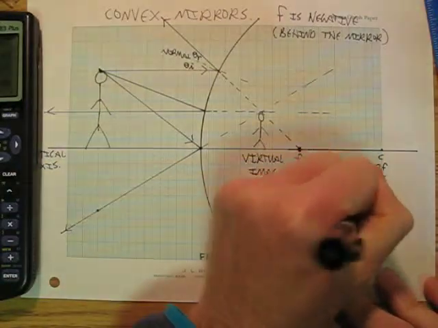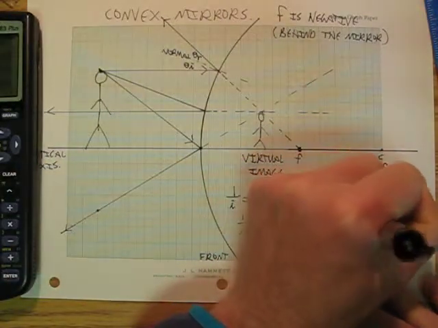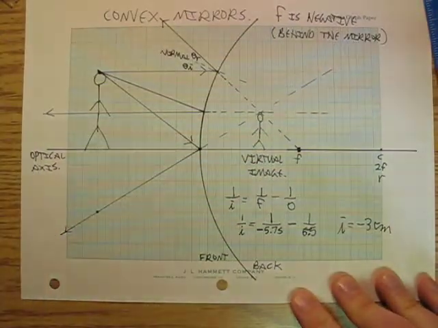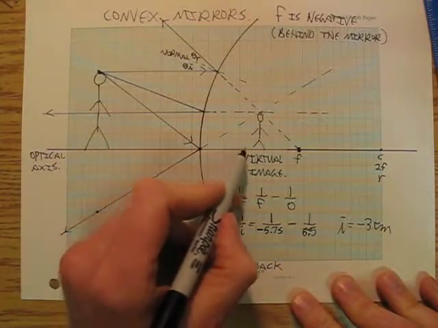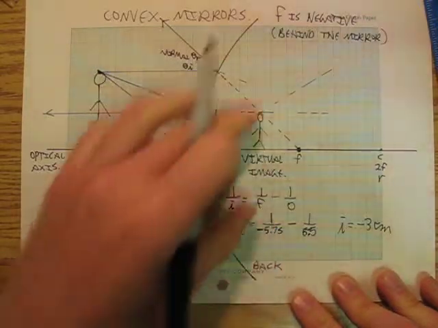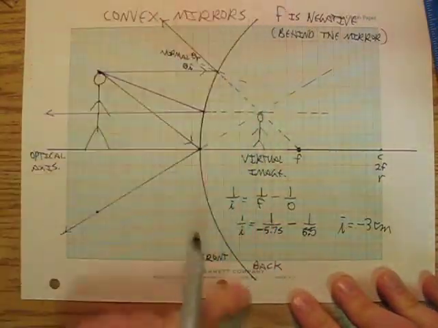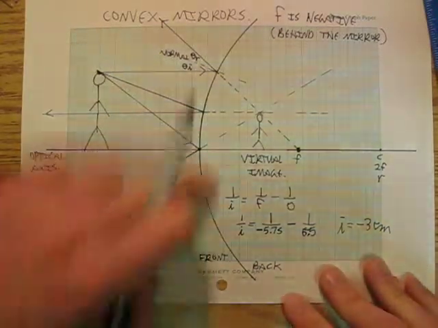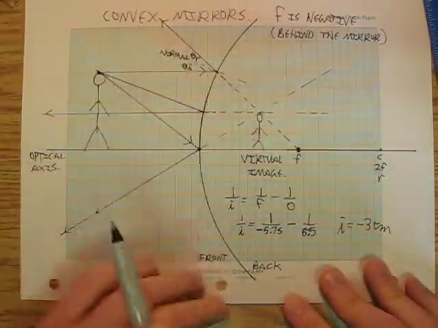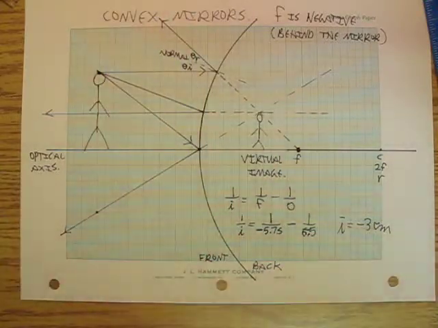So I is equal to -3 centimeters. And I check that on my diagram, and here's 1, 2, 3, and I'm off a little bit because I actually drew it as an actual curve. Your diagrams are going to work much better if you just draw this as a straight line.